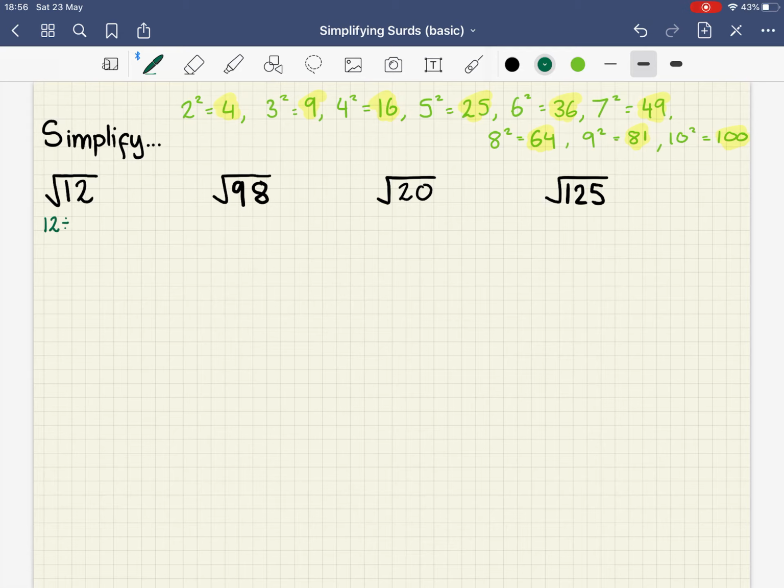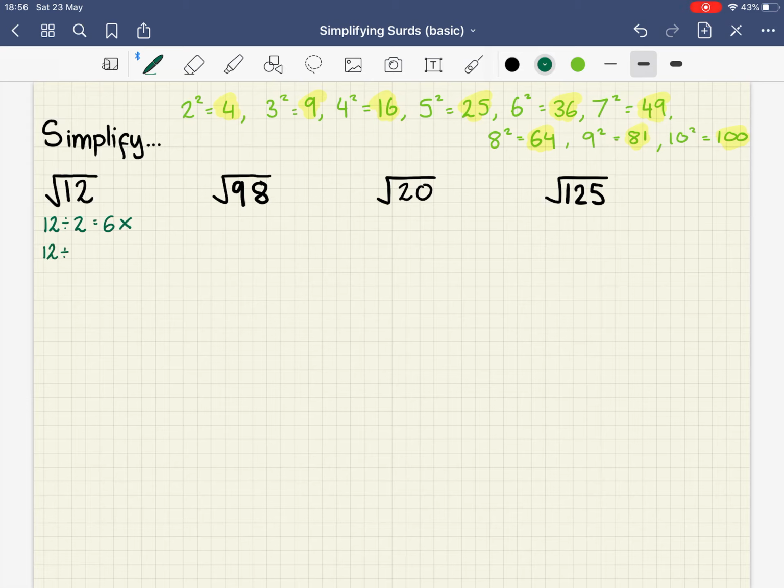We're going to skip over 1 because that's not going to change anything with this number. But first we're going to look at 12 divided by 2. So 12 divided by 2 is 6. Then I want to look at my square numbers here and see if I can spot 6. 6 is not there, so that is not going to work. So I'll give it a little cross.